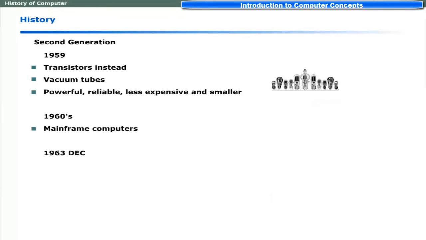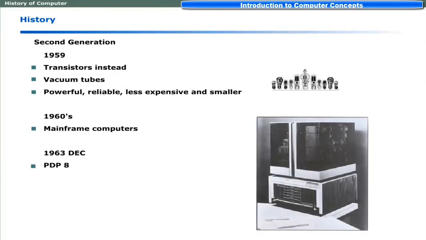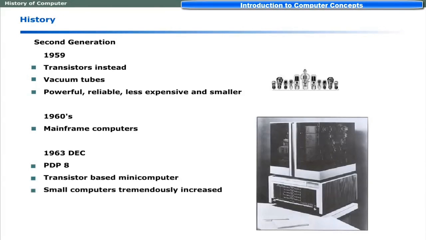In 1963, DEC introduced the PDP-8. It was a transistor-based minicomputer. The demand for small computers tremendously increased for business and scientific applications, and by 1970, a number of firms were manufacturing computers.